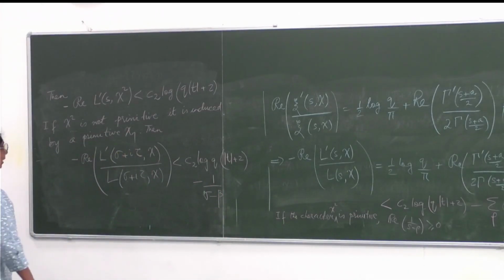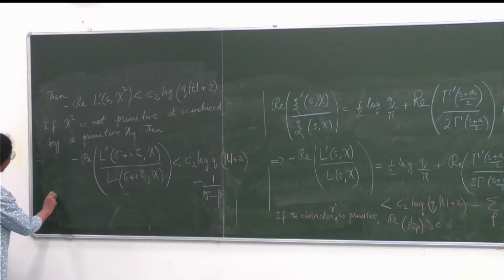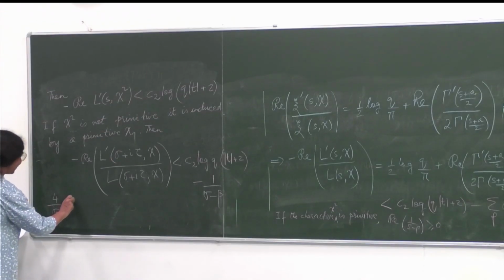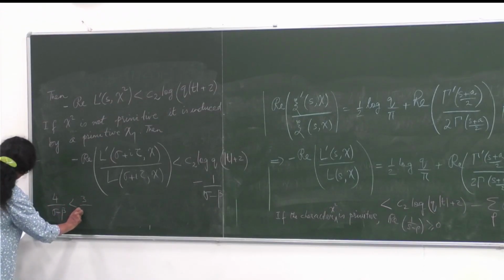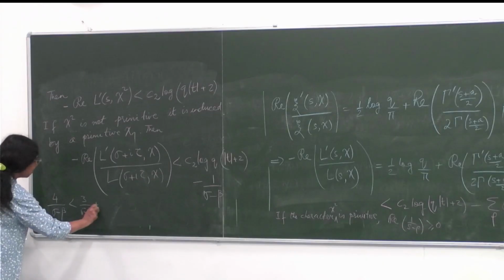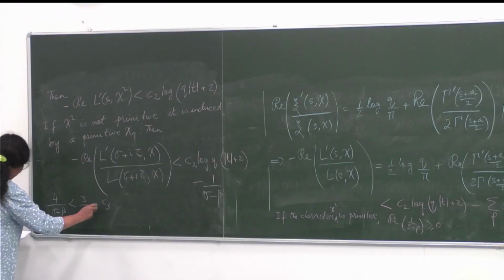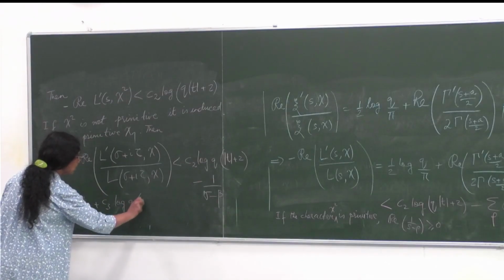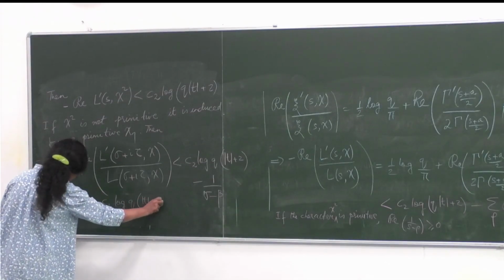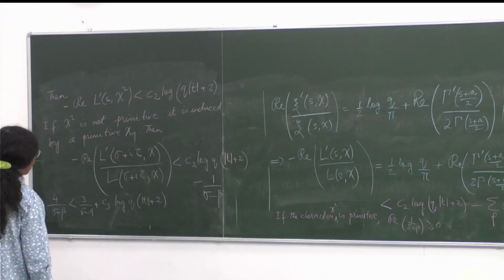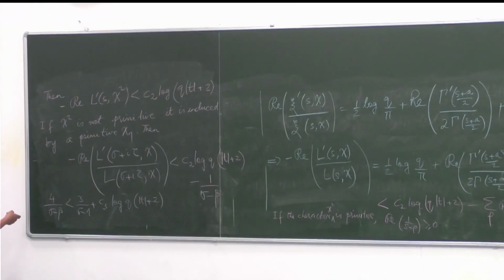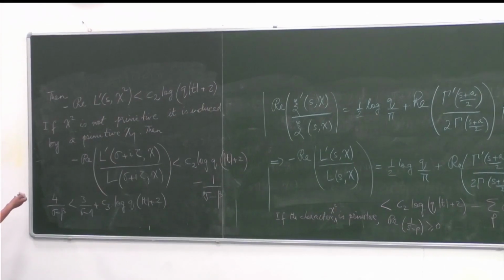So what happens, 4 times sigma minus beta is less than 3 times sigma minus 1 plus C3 log of Q(T plus 2). So choose your, this is just, if I take it 4, it's small enough, fine.